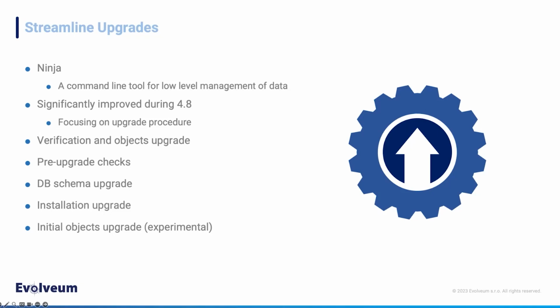After the objects are migrated, the MidPoint distribution can be upgraded. Ninja can also help with steps related to upgrading the distribution. Those include checking the version of the database schema and versions of cluster nodes, downloading a distribution for a new version, upgrading the database schema, and finally, the MidPoint installation.